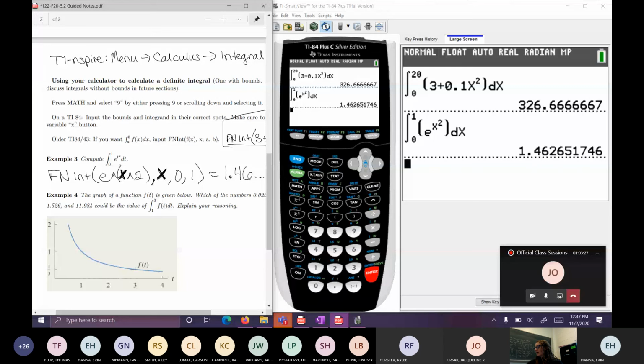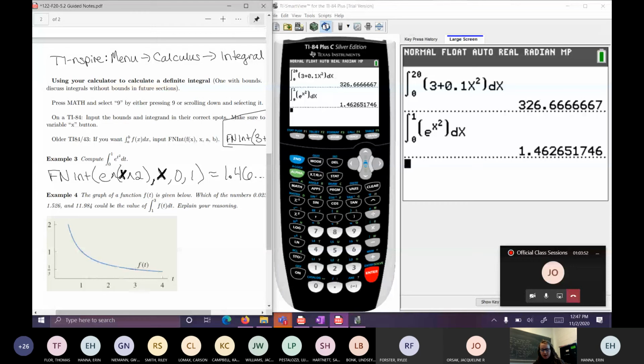And again, on the TI-Nspire, menu, calculus, integral, and then it sets the format up for you. So you'll just use the arrow keys to get from one piece to the next. I can't even use my own Nspire, good Lord. And for the Nspire, it doesn't matter what variable you use.